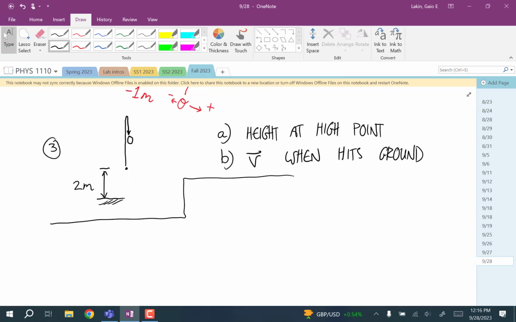The first thing we have to do is choose a time equals 0 and a time final instant. And one thing about this problem is the time final is going to have to change between part A and part B. So I'm going to write this as part A. So time equals 0, I'm going to do when it's launched.